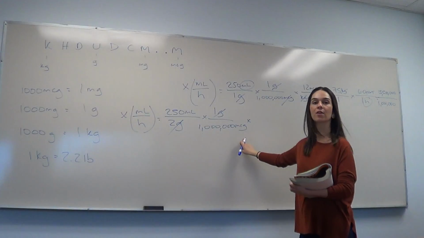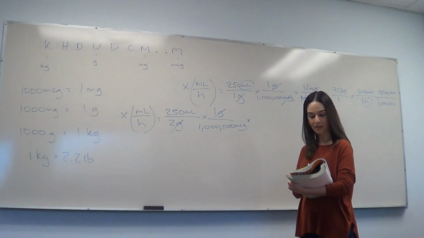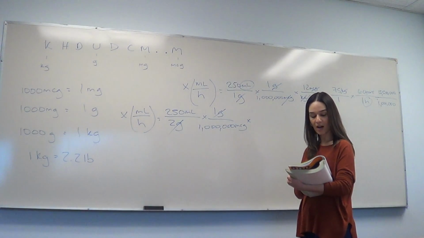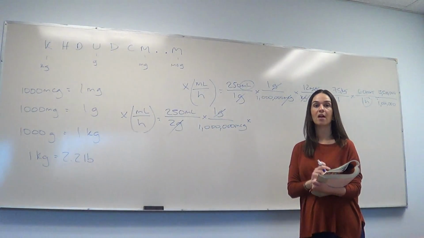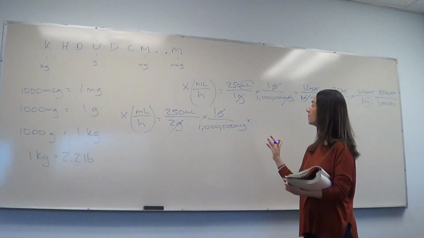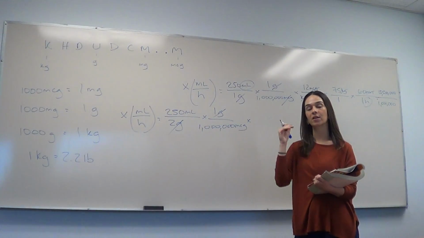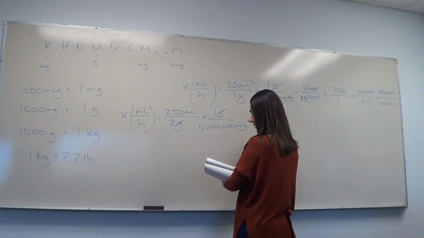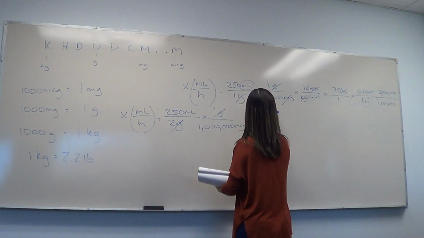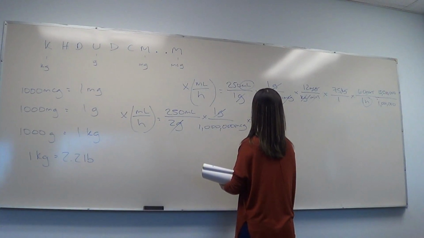Now we can work with micrograms because we have information with micrograms in it. It says the dopamine is ordered at 5 micrograms per kilogram per minute. Again, 3 components. You need to make sure that one goes in the numerator and the other 2 go in the denominator. So we have 5 micrograms per kilogram per minute, correct?